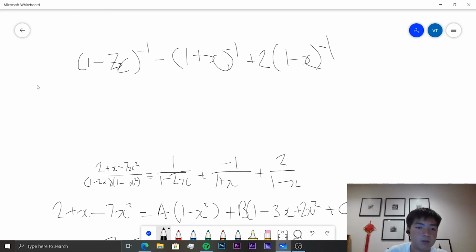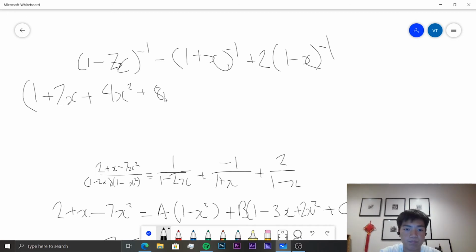So just get the first 4 terms. 1 minus 2x to the negative 1 quickly: 1 plus 2x plus 4x squared plus 8x cubed, I believe.